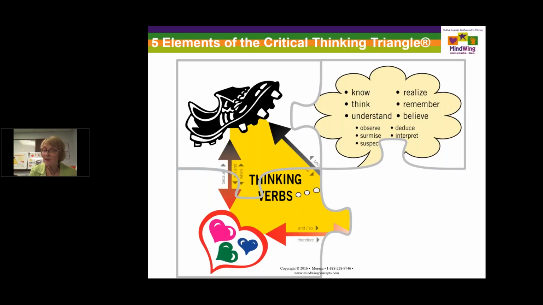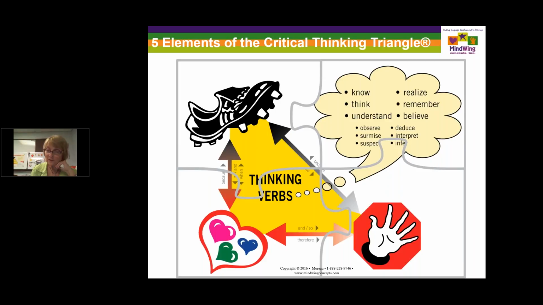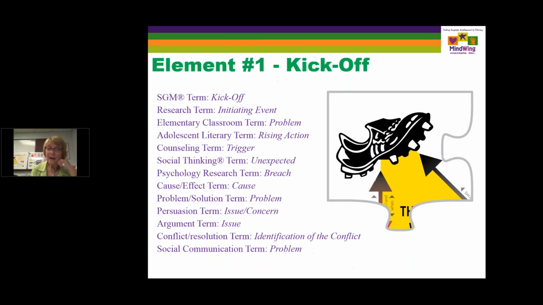Know, think, remember, realize are the beginning verbs that we use. These are academic vocabulary words that children need to know in order to progress in school. And then the plan is the fourth stage, where a character stops and thinks and makes the plan. The fifth element are the cohesive tie words that are written here on the arrows.